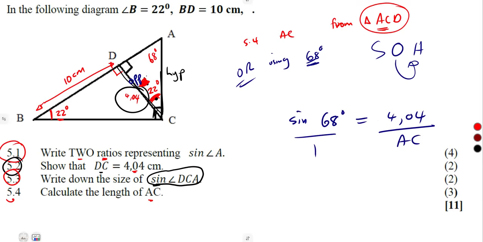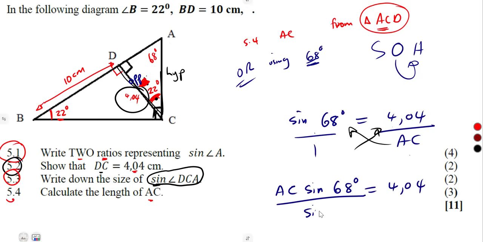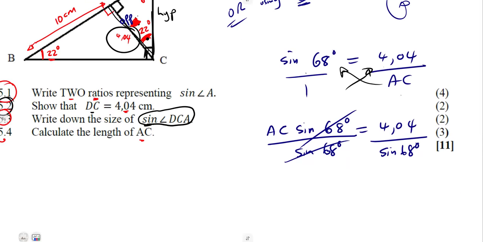So still, guys, you are going to have the same answer. That's another way. So AC sine of 68 degrees is equal to 1 times this, that's 4.04. So divide by the sine of 68 degrees over the sine of 68 degrees. This was going to cancel, and you have got your AC.